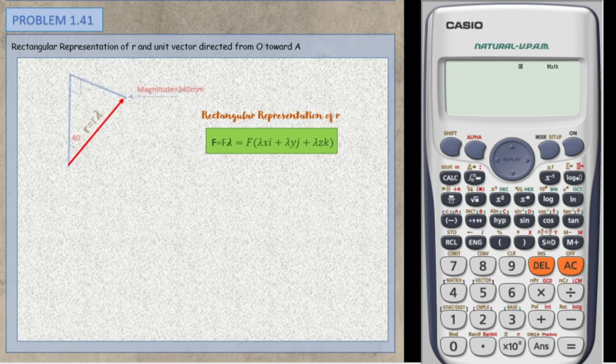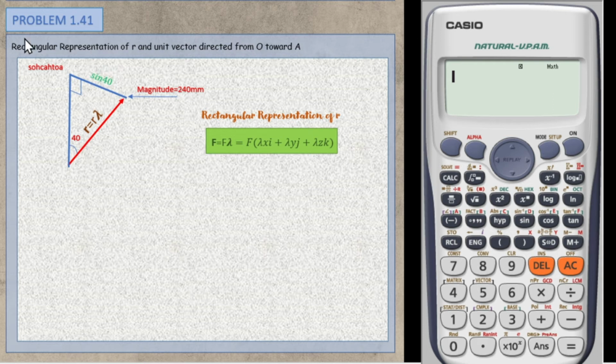From our given figure, we have a right triangle here. We have the given magnitude, which is 240 mm, and we still need to find our unit vector. This one is our z-axis, so here we can find our unit vector z. Just like what we did on problem 1.40, we're going to use SOHCAHTOA.